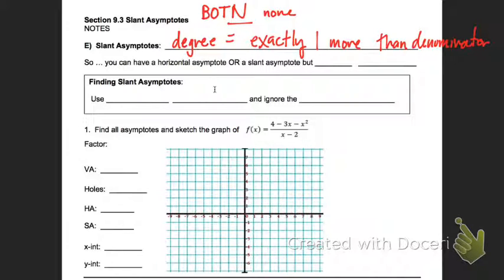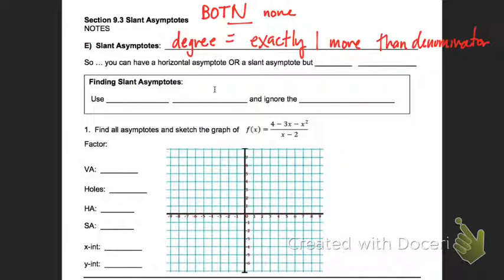If you have an x cubed over just an x, then you would have two slant asymptotes. So it's like the degree of the top minus the degree of the bottom is the degree of your slant asymptote. Typically what we will see is where you have one higher degree on the top than the bottom.